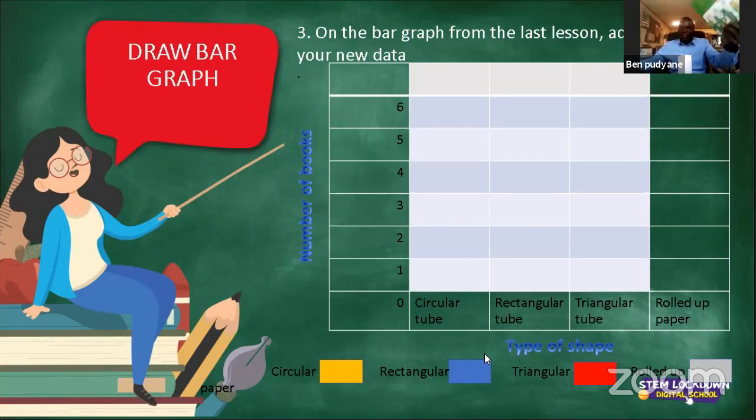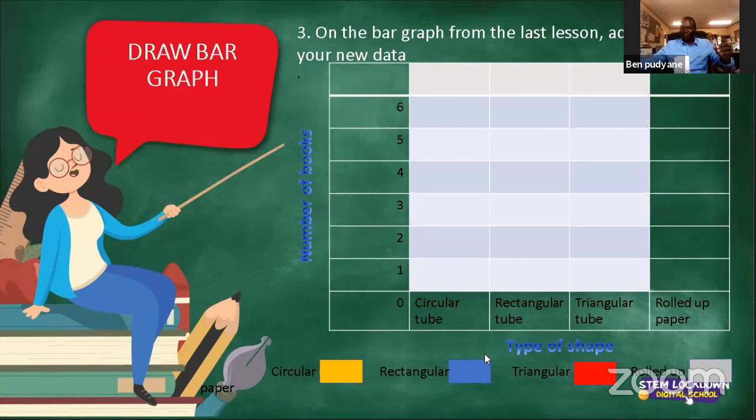I changed the books. 1, then 2, then 3. Now 3 books is enough. Triangular, 3 books is enough. 3 books, then it broke. Then I come to the rectangular one to see how many books it can carry. Here is the rectangular.